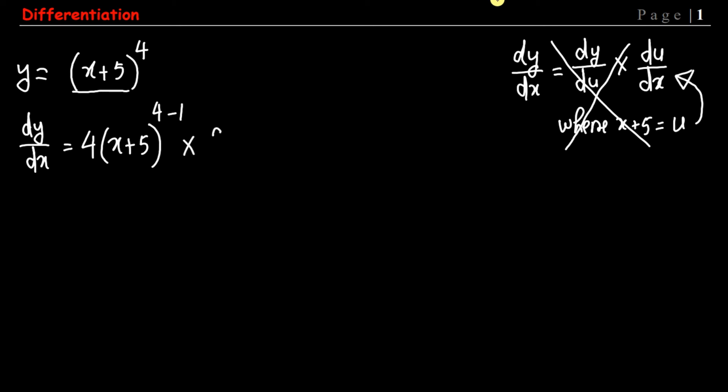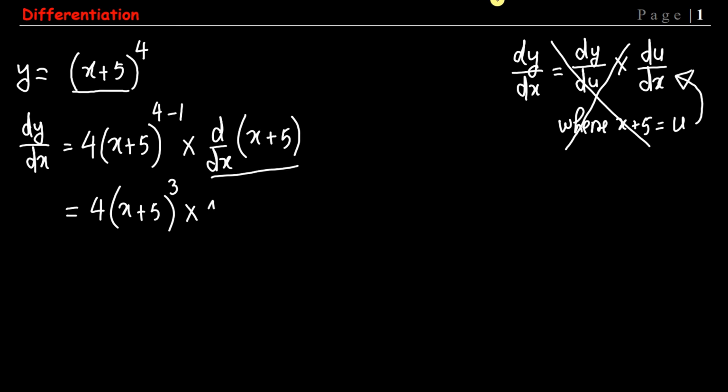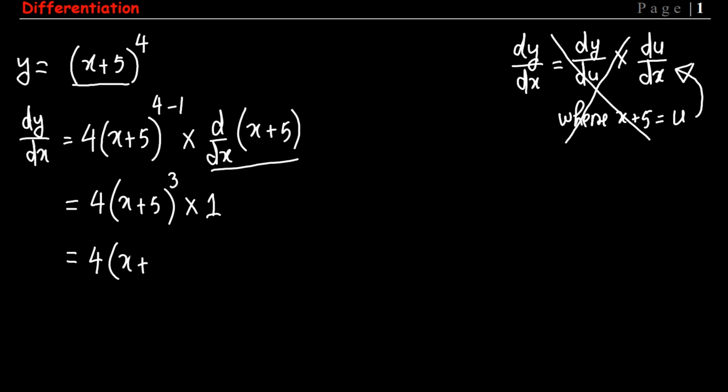Now just differentiate inside the bracket, d/dx of x + 5, which gives 1. So finally we get 4 times (x + 5)^3, and on the right side, if I differentiate, we get 1. So our final result is 4(x + 5)^3. This is our answer for this part.